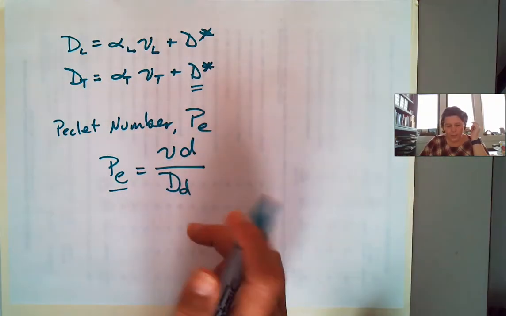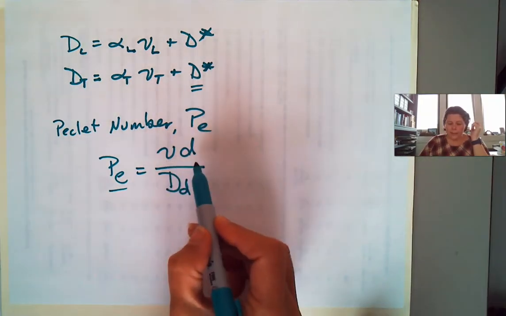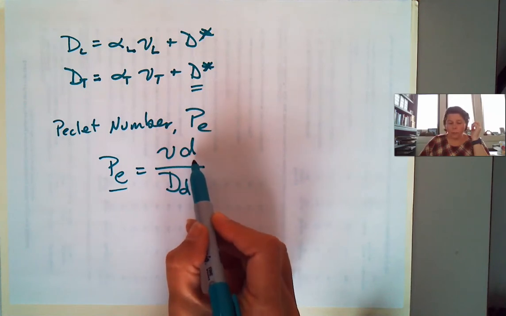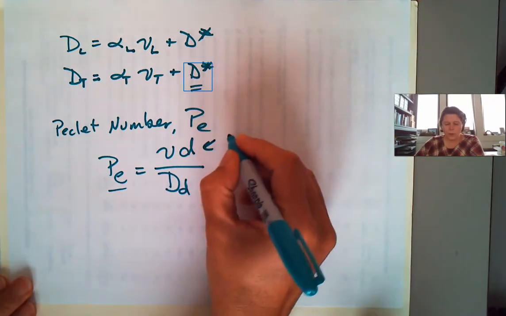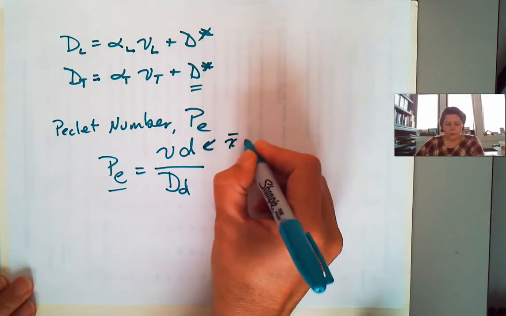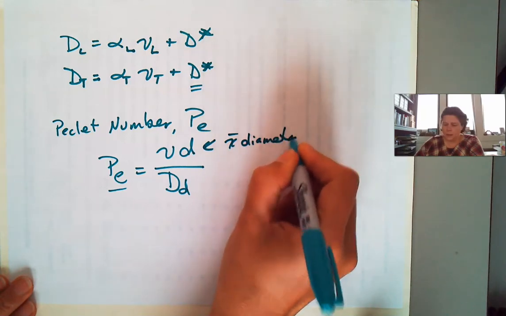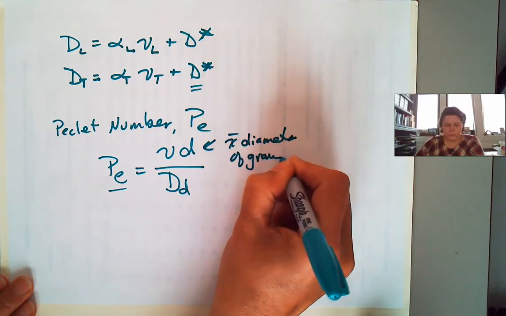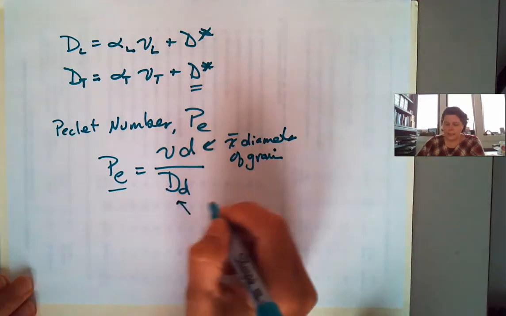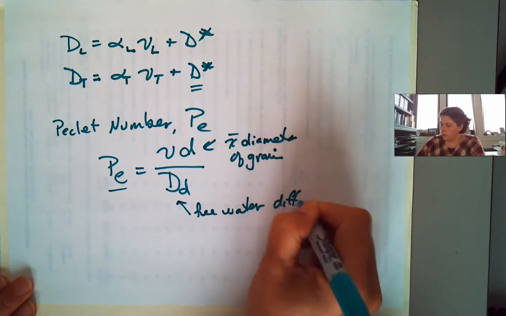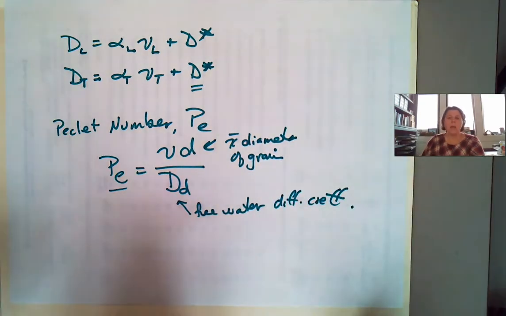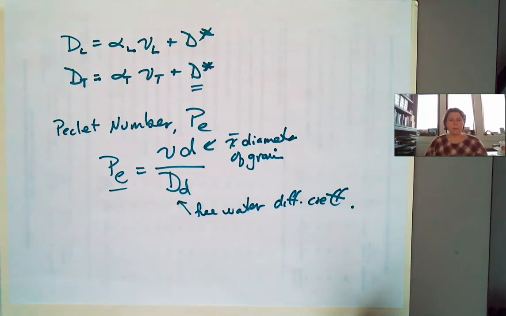So we look at the average velocity times the characteristic of flow for the porous media, which is usually the average diameter of a grain in the porous medium, and then this is our free water diffusion coefficient. Okay. And usually Peclet numbers are determined based on laboratory column experiments where diffusion domination and advection dispersion domination can be defined.